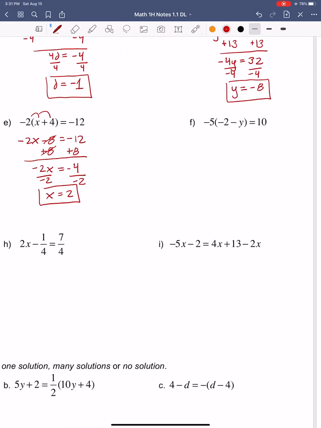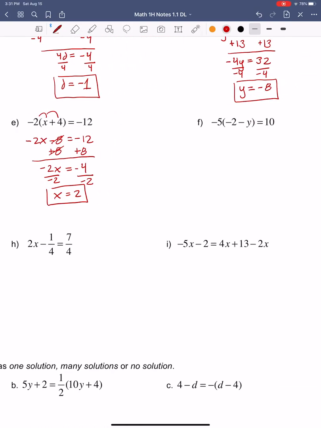All right, we'll keep moving here. Letter F. For this one, I'm going to go ahead and distribute a -5. So I get -5 times -2. Negative times a negative is a positive 10. And then -5 times -y, which is a positive 5y, equals 10. I want to get rid of this 10 because I'm trying to isolate y, right?